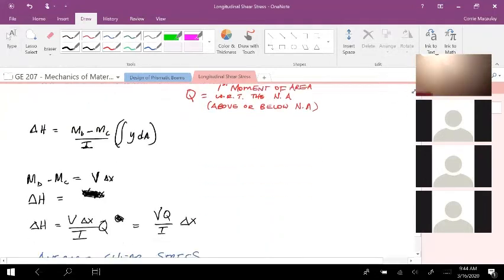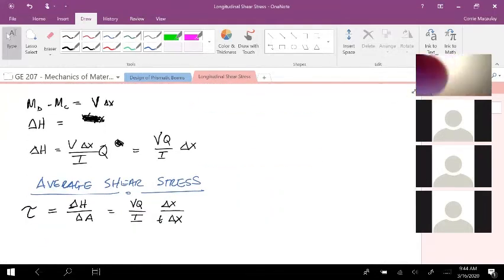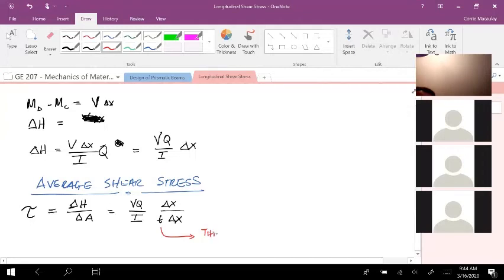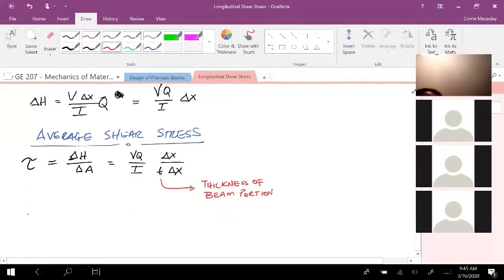And that's where T is: the thickness of the beam portion. Therefore, we went all through that derivation just to get this equal to VQ over IT.